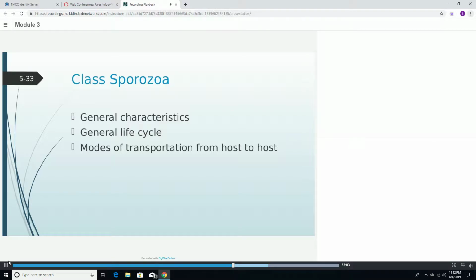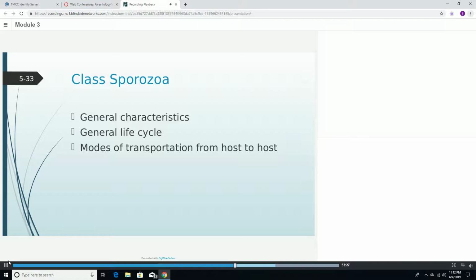Okay, so the next parasites that we're going to discuss fall under the class of Sporozoa. Sporozoan parasites are obligate endoparasitic protozoa, and they have no apparent organelles or means of locomotion. This class includes some of the most important and widespread parasites of humans, including those that cause malaria and toxoplasmosis.